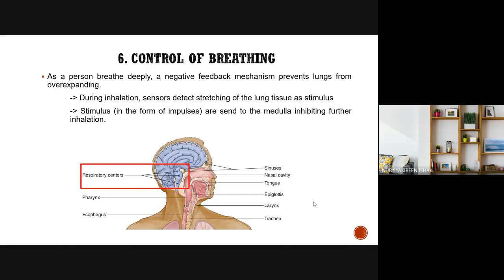So when you are breathing heavily, if you don't have a mechanism like this, your lung will keep on expanding and it will explode. So to prevent that, it leads to negative feedback that prevents your lung from overexpanding.